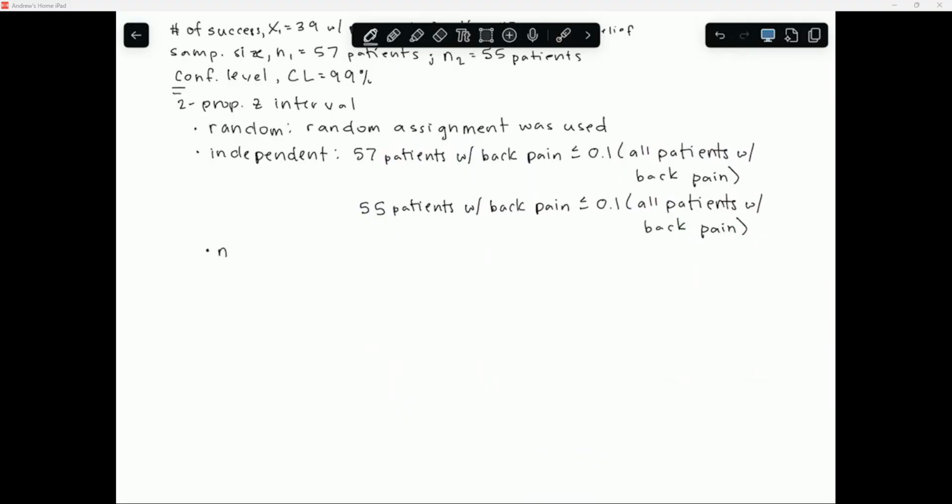And my last is normal. And we check the normal condition with large counts for both samples. So I'm going to make 2 little blurbs here. So I want number of successes and number of failures.